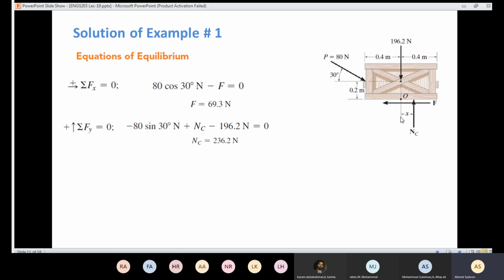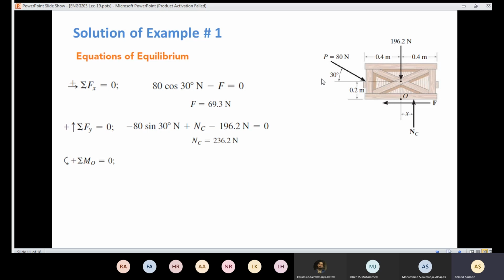Now I need to know the value of x. In order to know the value of x, I'm going to use the summation of moments about the point O here. So I'm going to take moments about the point O, taking care of the sign convention. The value of F is going to be cancelled. The value of the weight also is going to be cancelled.